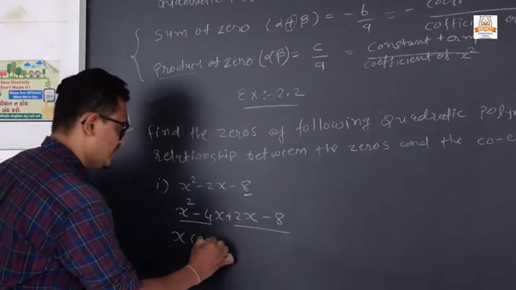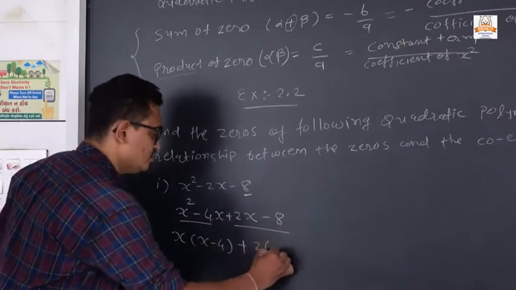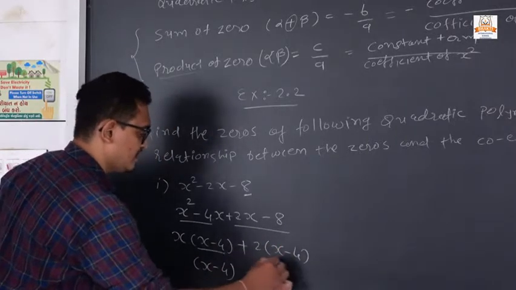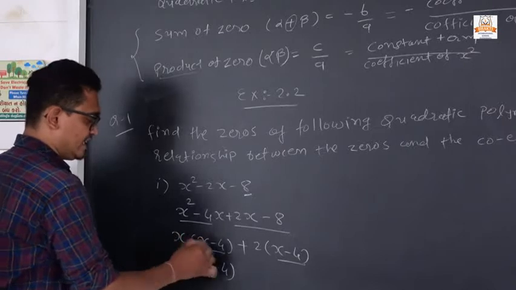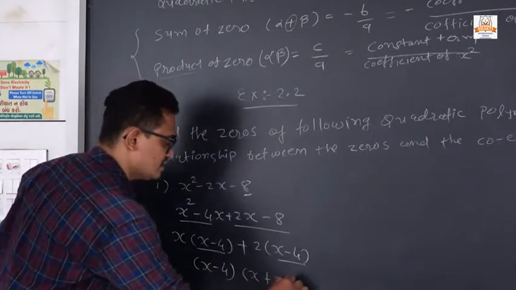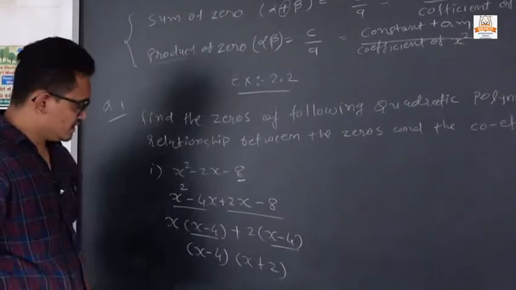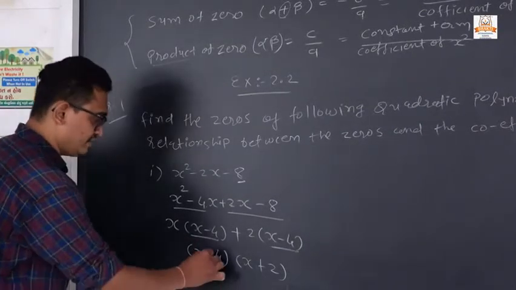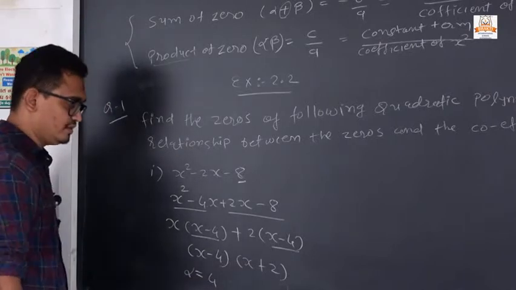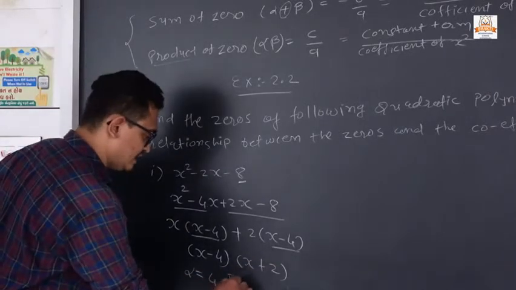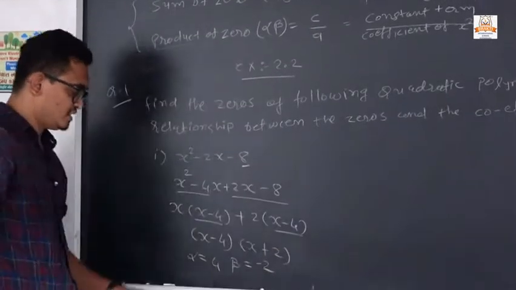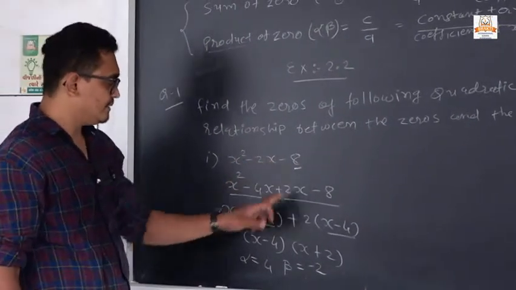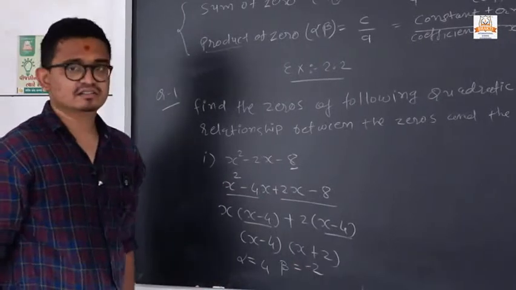X. So x minus 4 and 2, so once again x minus 4. So first bracket, because x minus 4 is a common bracket, and second it will be x plus 2. So now what is its zero? Alpha is equal to, if it is going to the second side, so it will be plus 4, and if it is going to the second side, so beta is equal to minus 2. So what is the value of zeros for that quadratic? It will be 4 and minus 2.